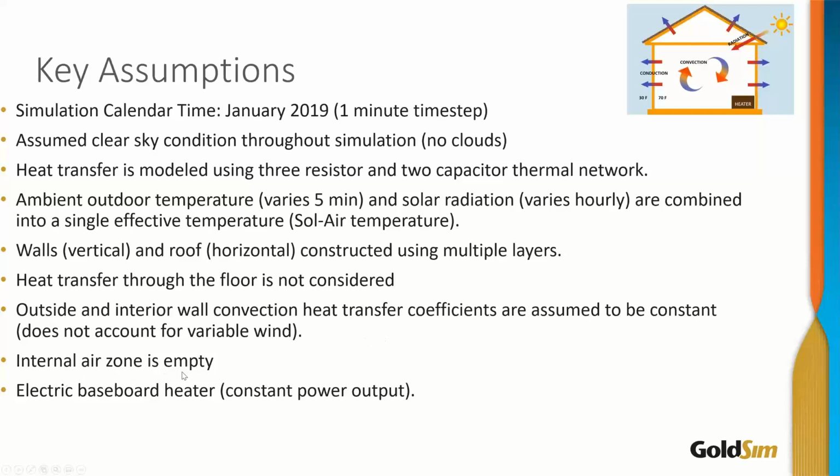Our internal zone is empty, meaning that there's no chairs or lights or people or anything like that that would give a thermal resistance. And then the heater in this model is used as an electric baseboard heater, which means it's either a constant power output or it's off.